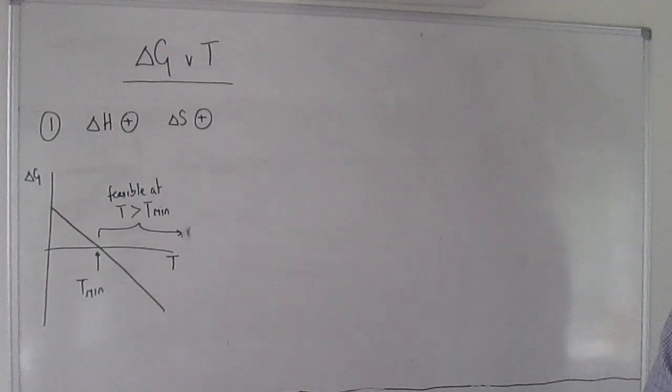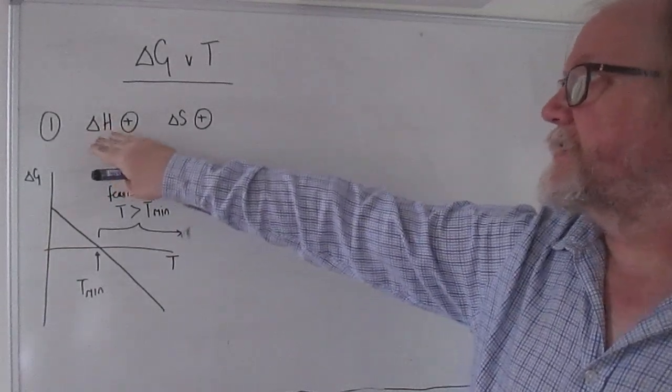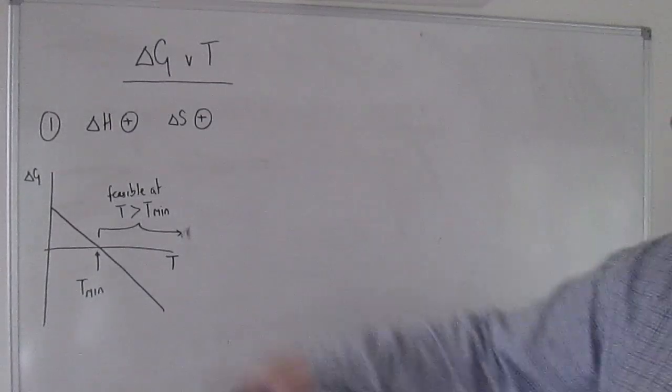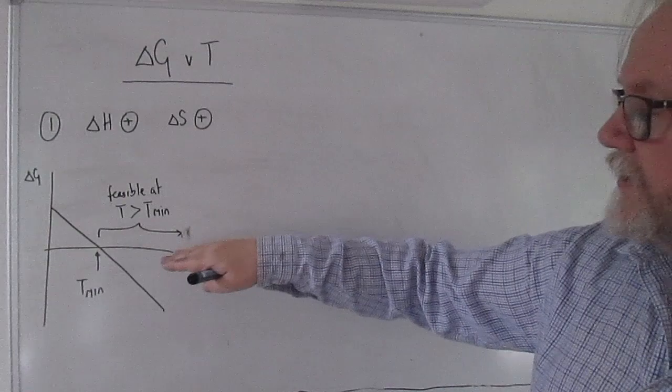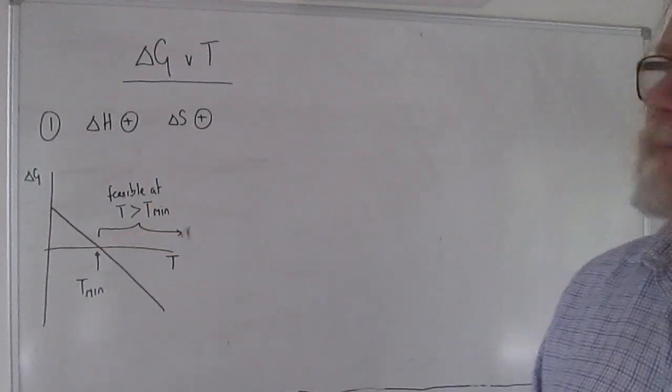Okay, so the final thing that is worth doing is to look at these same kinds of graphs for other situations. So the one we've already looked at is an endothermic reaction, so positive delta H with a positive entropy change. And we saw that taking account of this equation, that gives you feasibility, but only above this certain critical temperature.